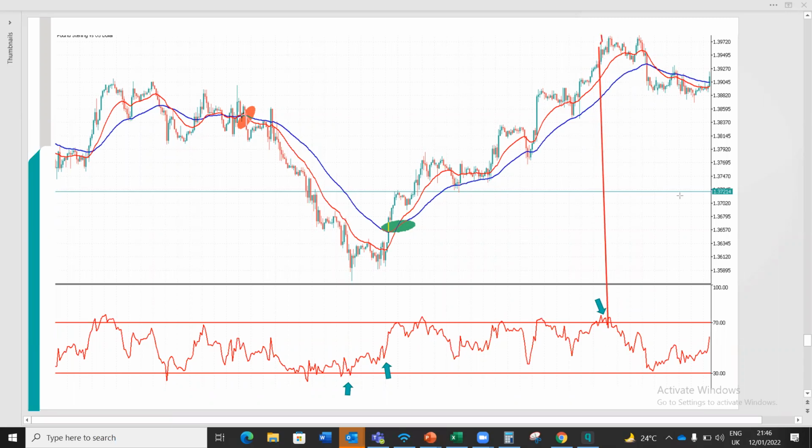I'm not able to draw that. Yeah, exactly. So this is the correct line. So notice how at this point it was reading above 70. The market obeyed nicely and had a pull down.